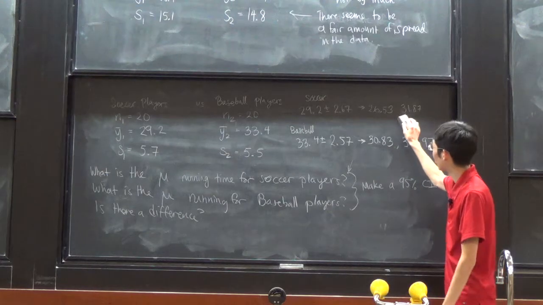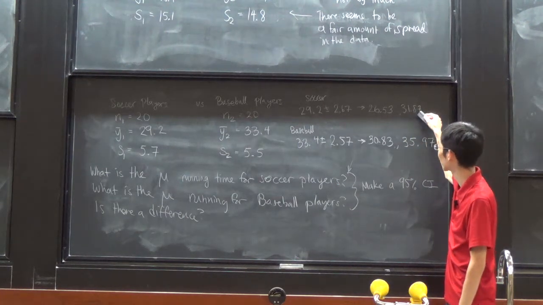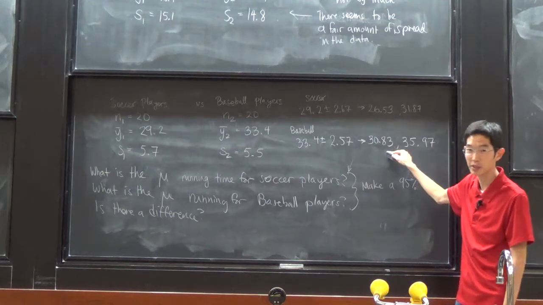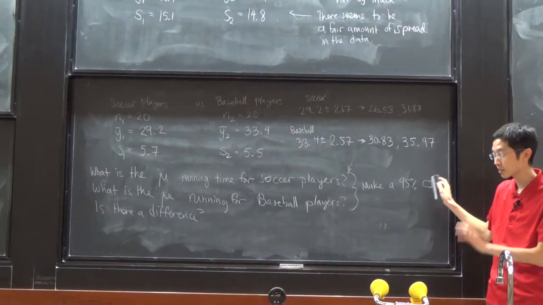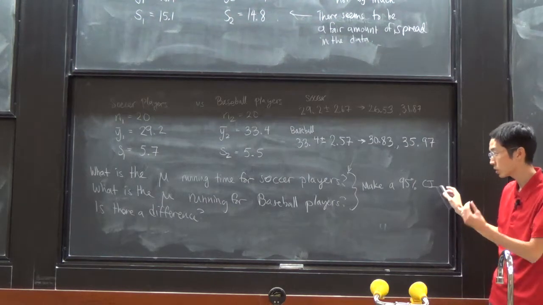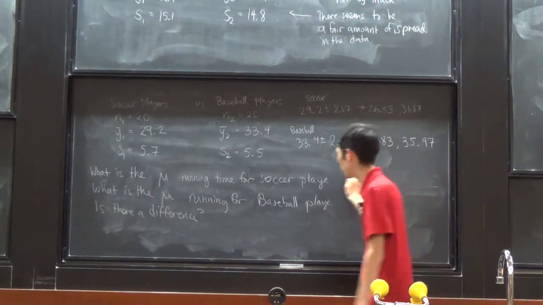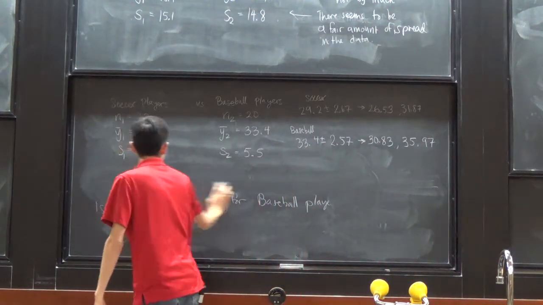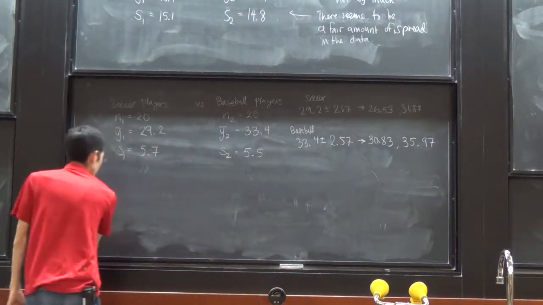So rather than saying there's some overlap, soccer players could have a mean running time of 31 seconds and baseball players could have a mean running time of 31 seconds, rather than counting out something like that, we can just create an interval for the difference itself. Okay? So over here we made an interval for the mu of soccer players and the mu of baseball players.